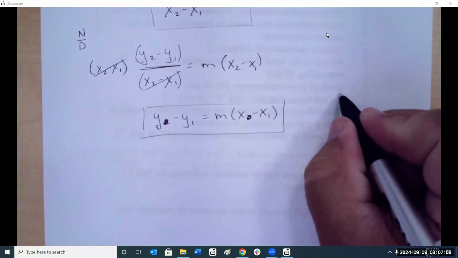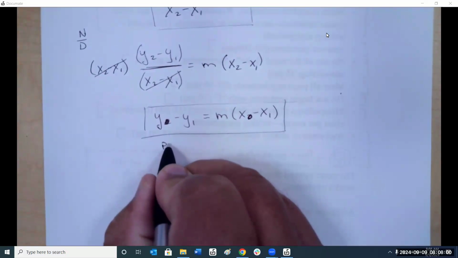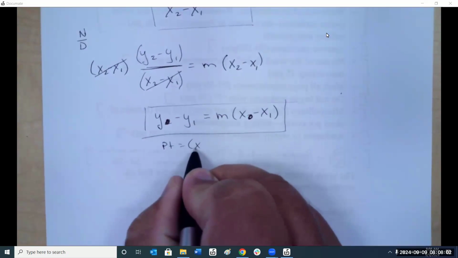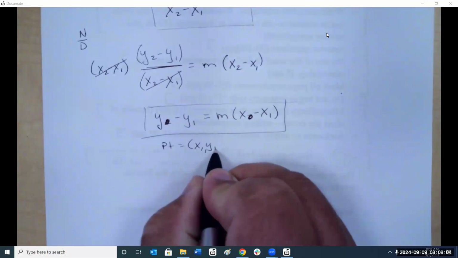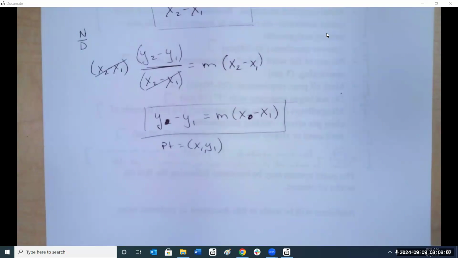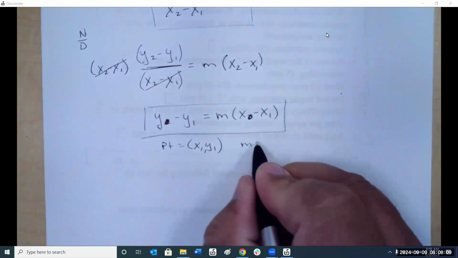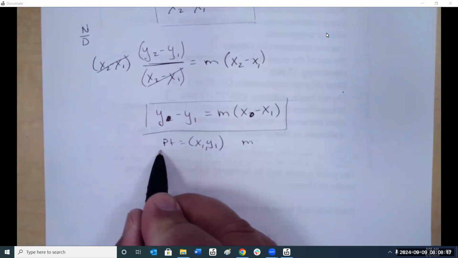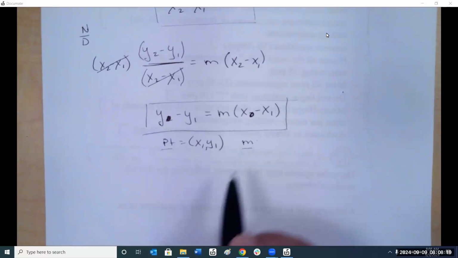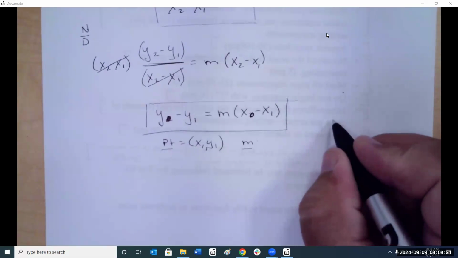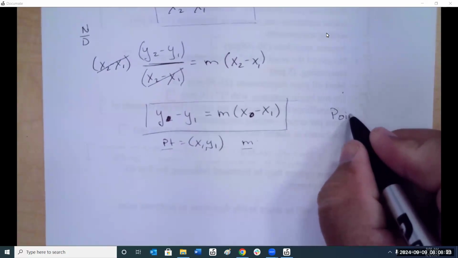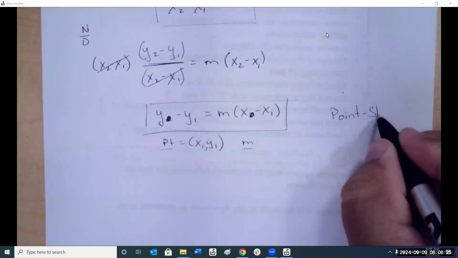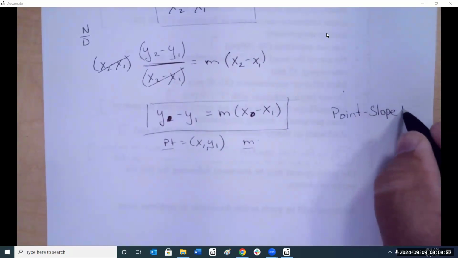You have a point, which is x1, y1, and you have a slope, m. So since you have a point and the slope, this one is called the point slope formula.